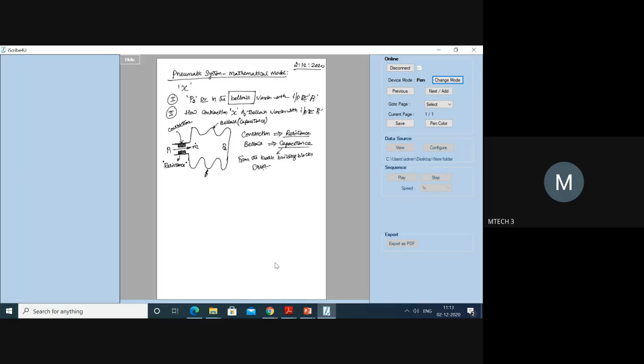The mass flow rate into the bellows is given by P1 minus P2 is equal to Rm dot, where P1 is equal to the pressure prior to the constriction.